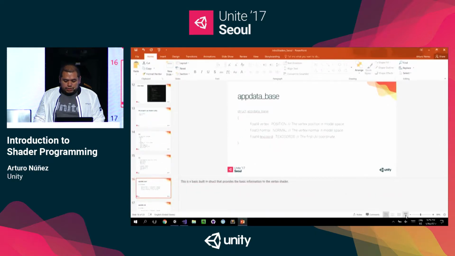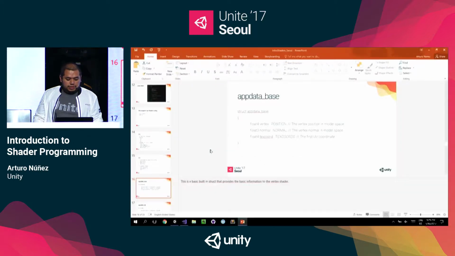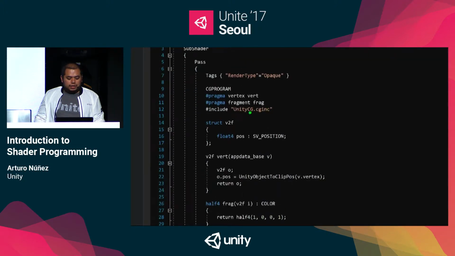If you use this appdata_base to pass data around, we will be passing around a position, normal, and a texture coordinate. We will see this in a second. Just so you know, this thing sometimes looks like magic because we don't see where it comes from, but it's actually declared in this UnityCG include file.